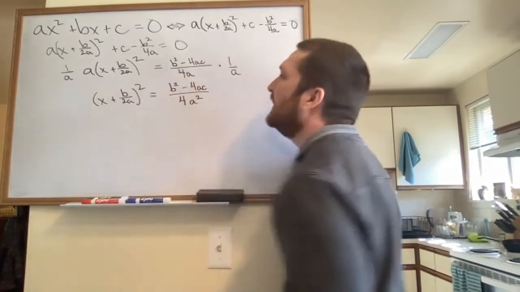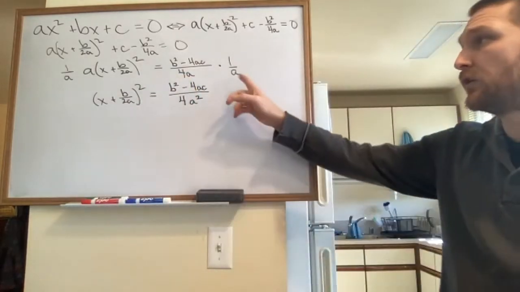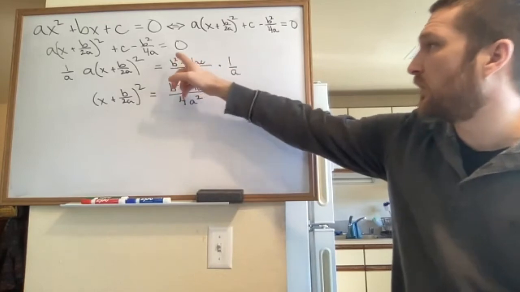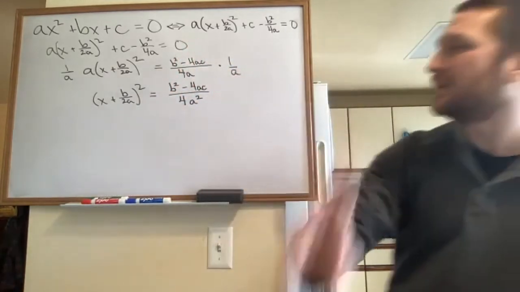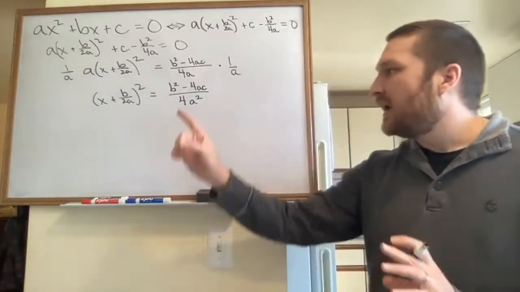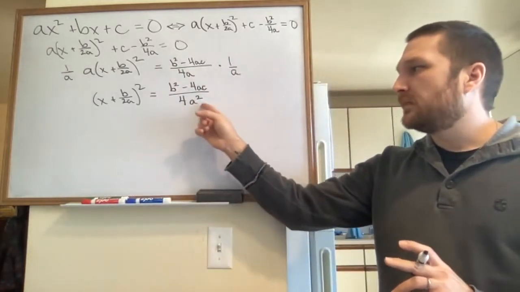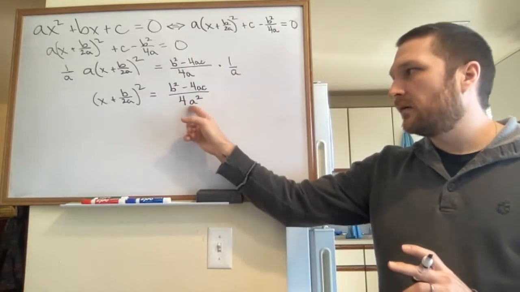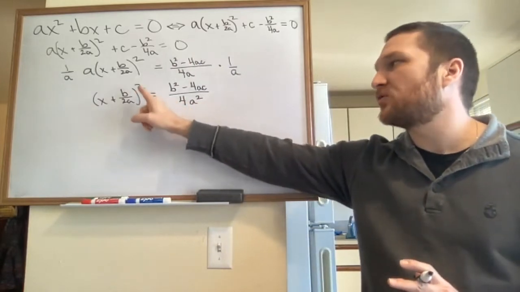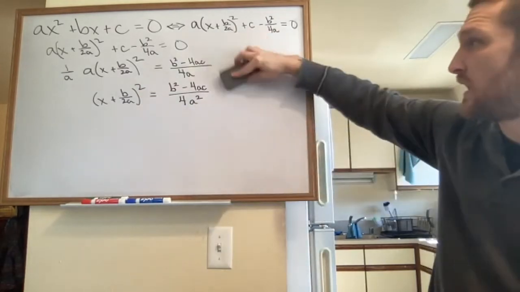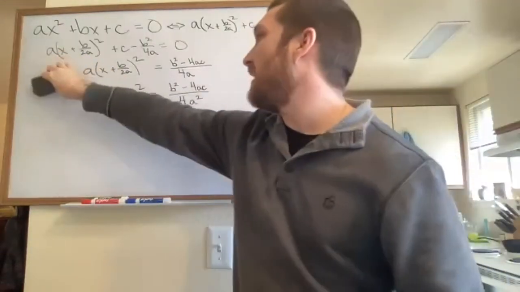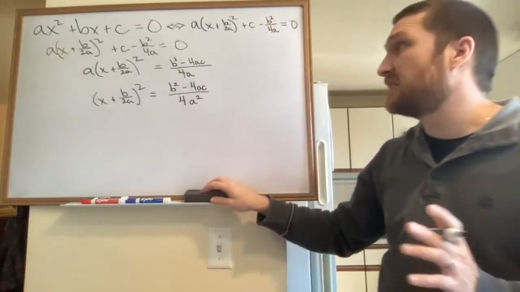4a squared. If we were so inclined, we could have a b squared over a and then get rid of that a. That's not really where we're going, especially now that I see 4a squared is something squared. And I know I'm about to be taking a square root, so that's going to be nice. In fact, that is the way I want to write that bad boy, because that will just make things nicer.